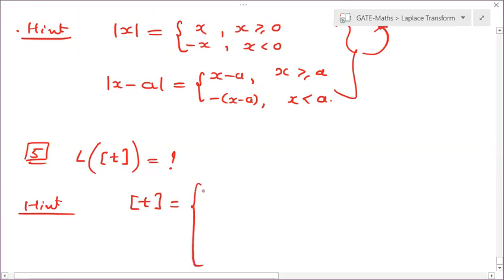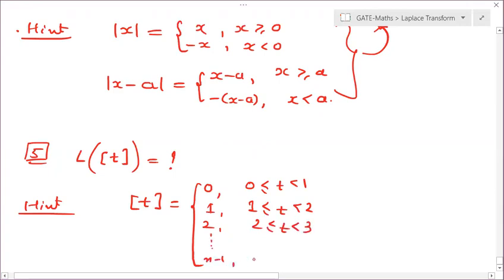It will give you 0 when your variable is between 0 to 1, where 0 is included and 1 is excluded; 1 when your variable is between 1 to 2; 2 when it is between 2 to 3. In the same way, it will give you value n minus 1 when your variable is between n minus 1 to n. Are you getting my point? Can you find Laplace of this?